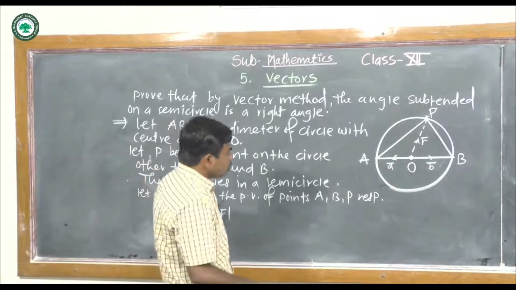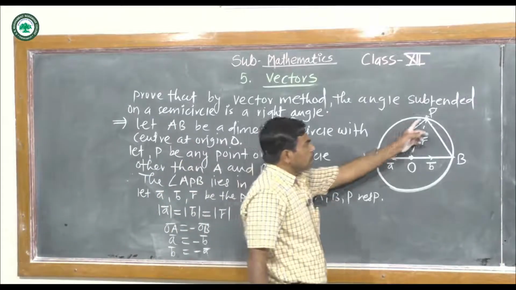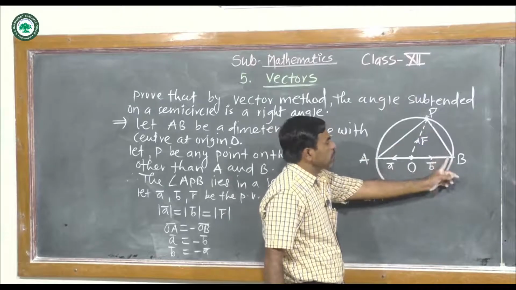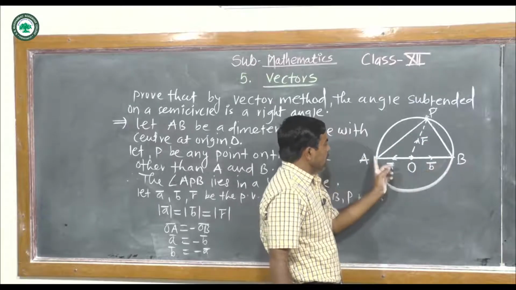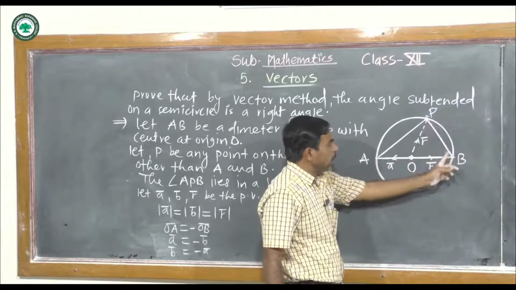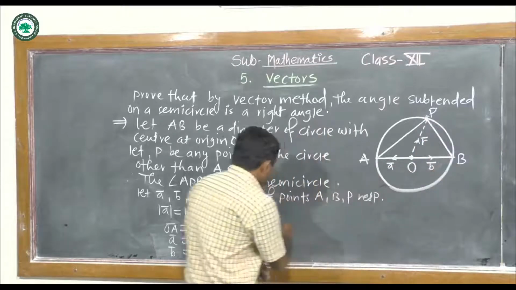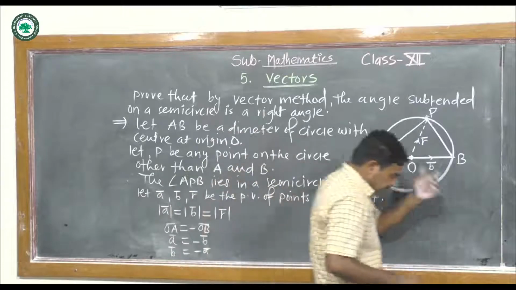Now here we have to show that AP is perpendicular to PB. So we check the dot product of AP bar and PB bar.